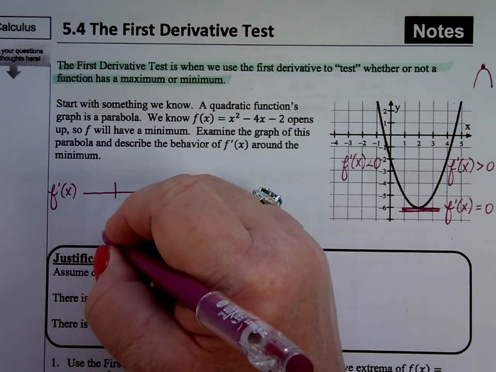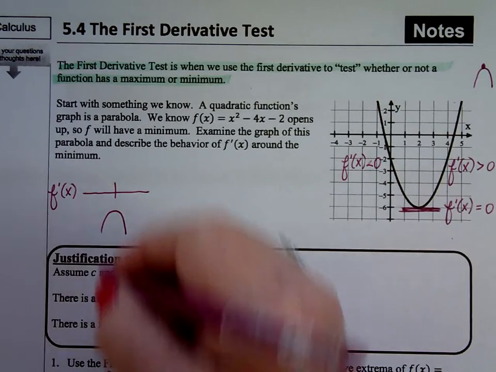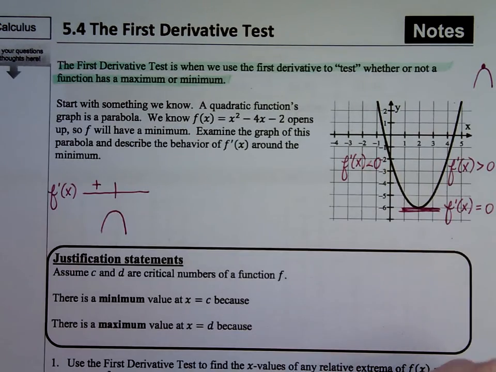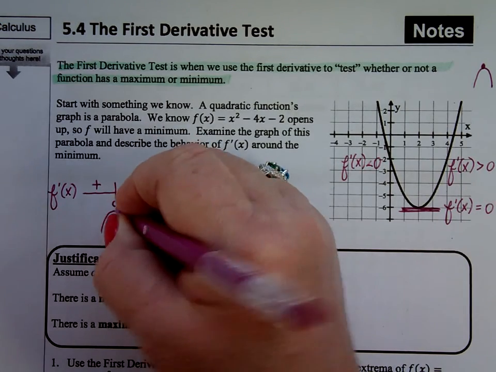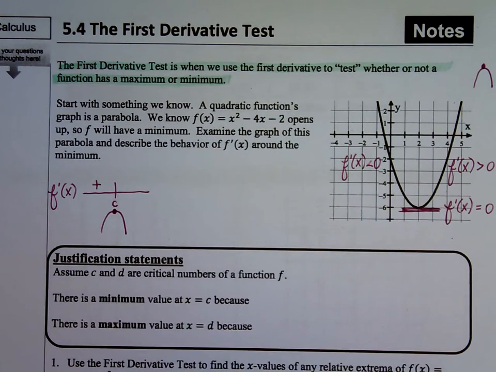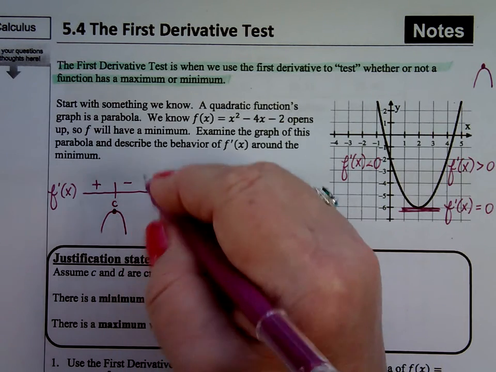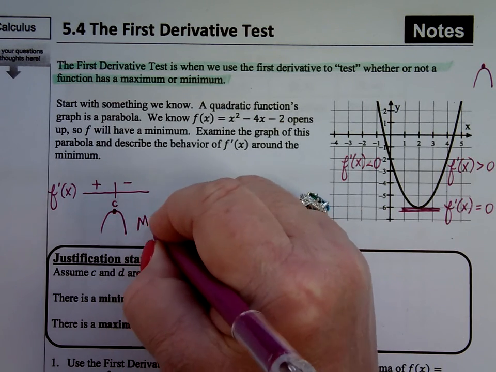If I have a function like this, where it is increasing, the first derivative is positive to the left of my critical point, and then it goes decreasing after that, that means it's negative. If I ever have that situation, that creates a maximum. Positive to negative first derivative creates a maximum.